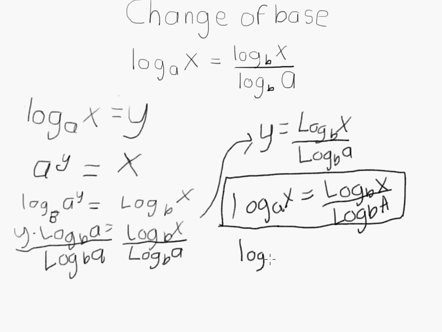If I had a log with some base other than 10, let's do something we're pretty sure about: log base 3 of 10. I could change that into a base of 10 really easily. That would equal log base 10 of 10 over log base 10 of 3.